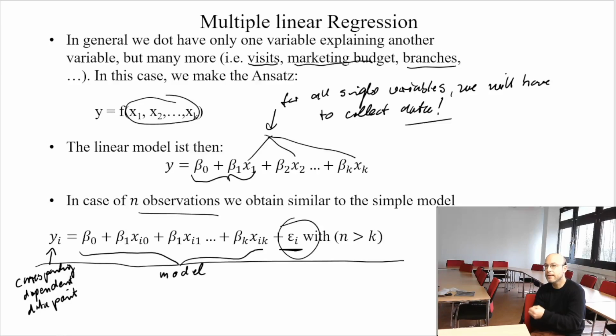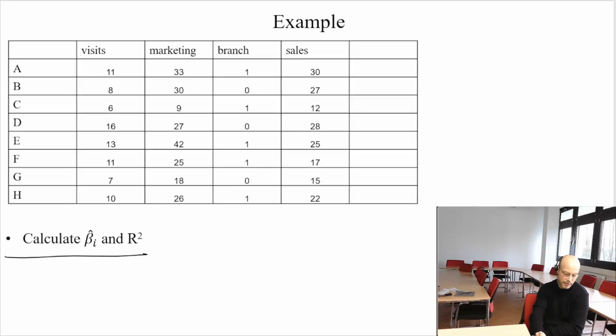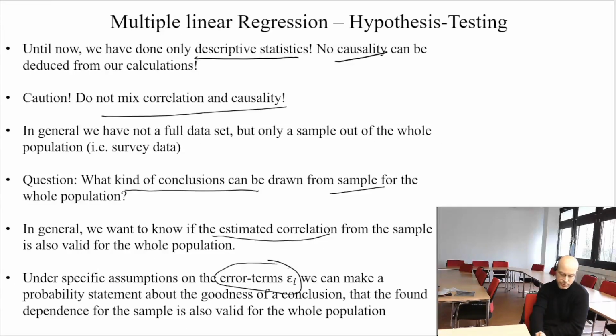And then if we know how these error terms behave, then from statistical analysis we can make conclusions and say with some probability we can draw conclusions from our data set to the whole population. And how this is done and which assumptions we need, about this we want to talk in the next minutes.